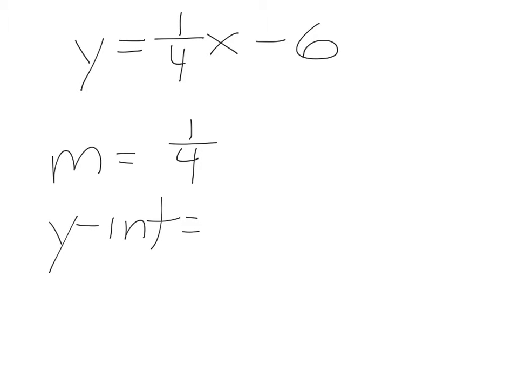Well, if it's a location, it's an ordered pair, correct? So I truly believe that you always write the y-intercept as an ordered pair. So what would be the y-intercept as an ordered pair? 0 and negative 6.